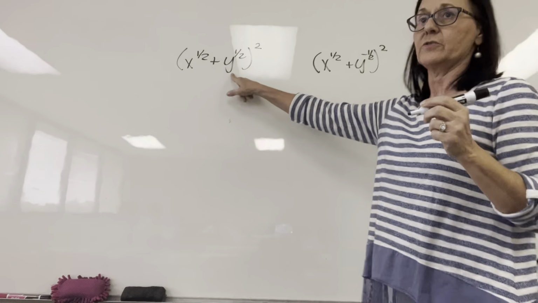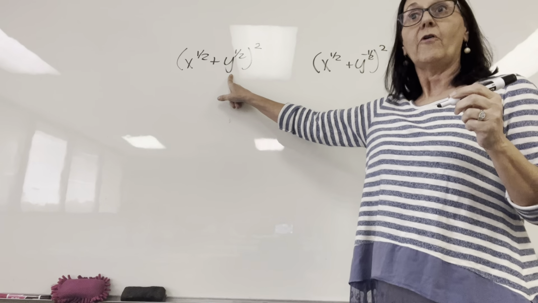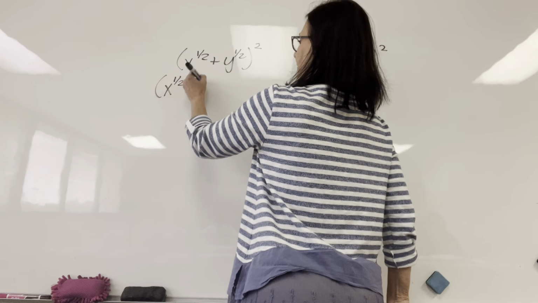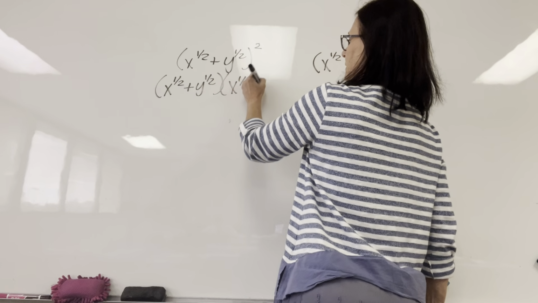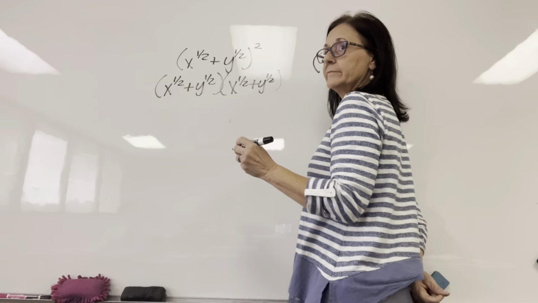How do I work this first one? FOIL. So I have to multiply x to the 1/2 plus y to the 1/2 times itself.